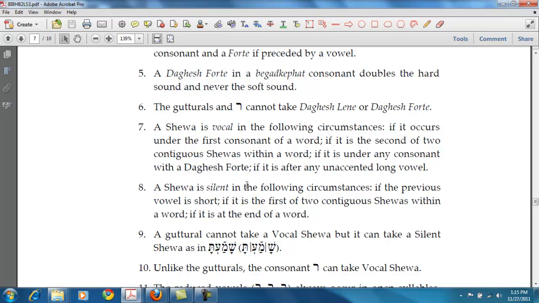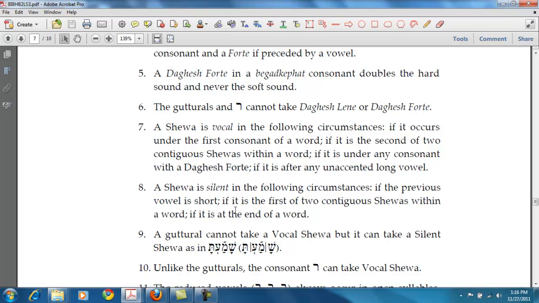All right. Now, shewa is silent in the following circumstances: if the previous vowel is short, if it is the first of 2 contiguous shewas within a word. The first one again does the walking, the other one does the talking.